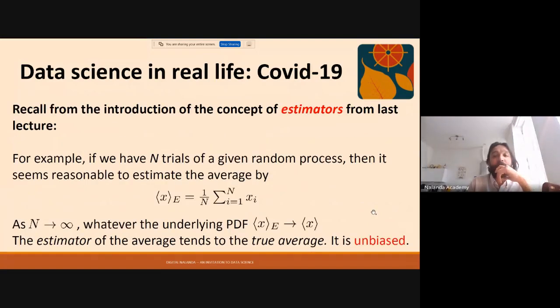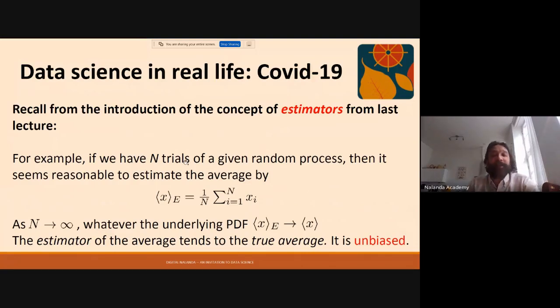So we have to recall that estimators can either be biased or unbiased. What does that mean? Okay, so let's say that you're trying to figure out the average of something. Let's say the average heights of all Indian adult males or adult females. And of course, you can't measure everybody's height. So what do you do?